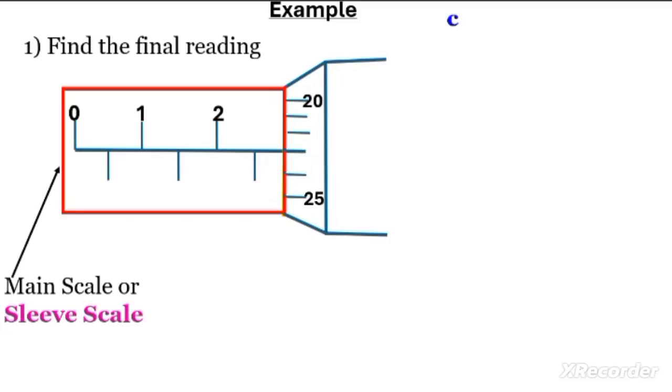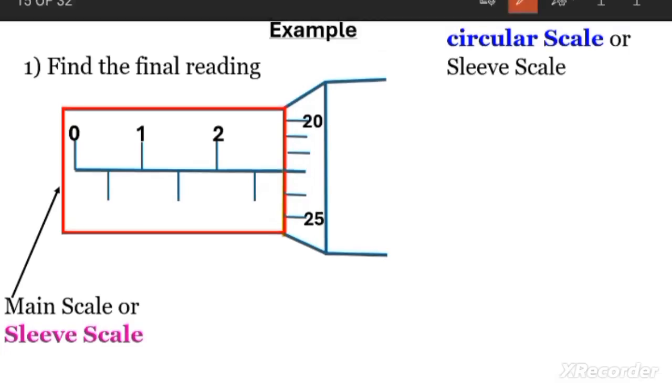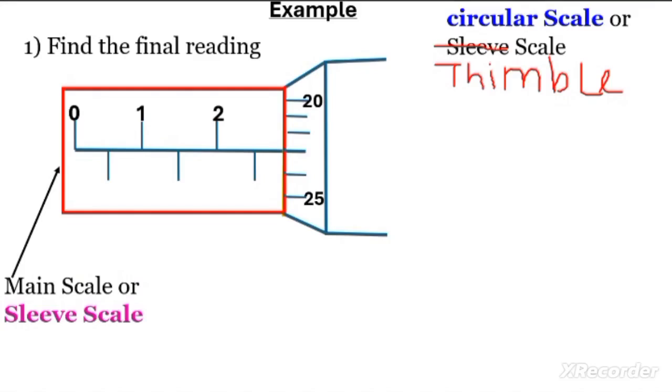Then this scale is called the circular scale or thimble scale.